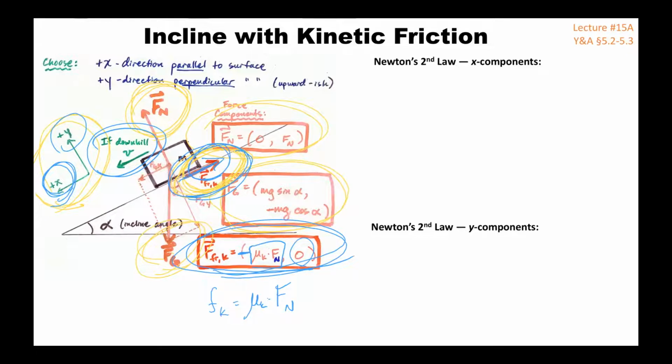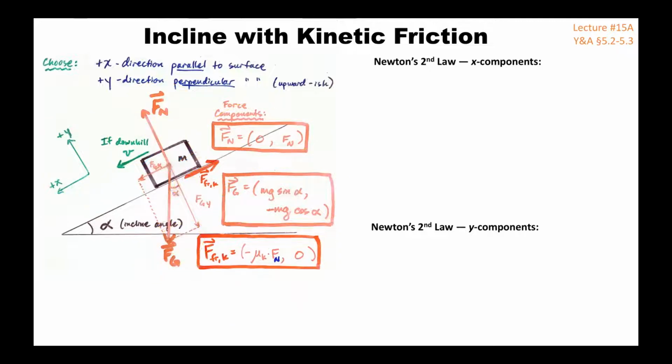What would happen if instead the object were sliding uphill? If the object were uphill, how would my free body diagram change?